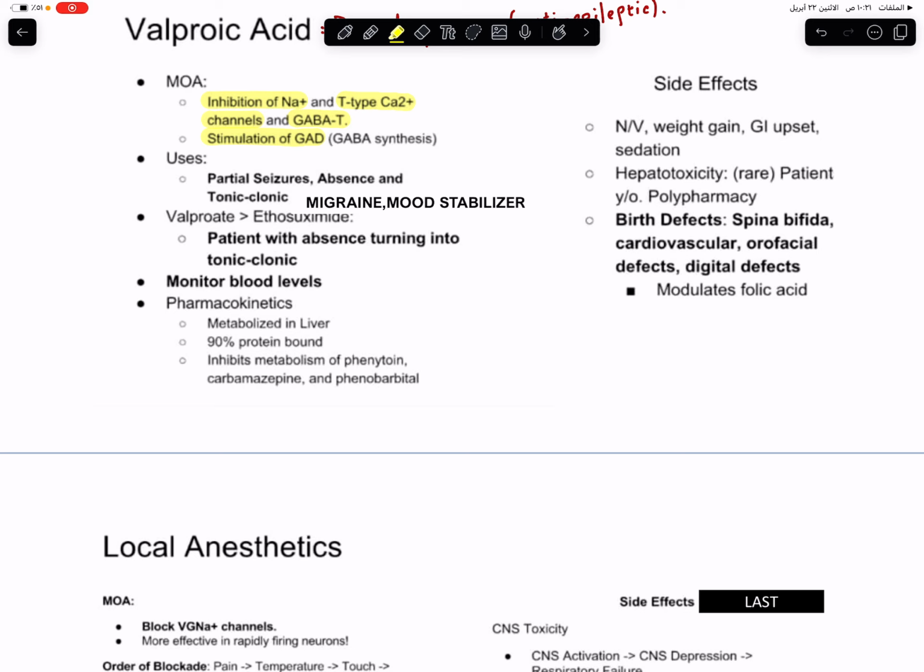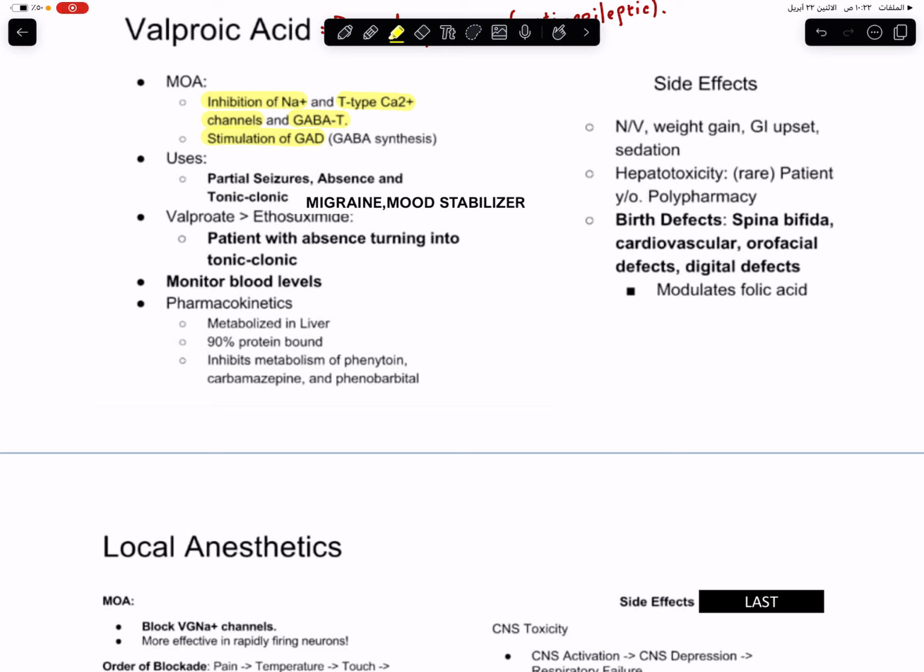But there is a possibility that the patient is not suffering from epilepsy. The other two conditions, although they are also related to the CNS and psychiatric conditions, are mood stabilizer, and migraine. Migraine, you know, is the headache.